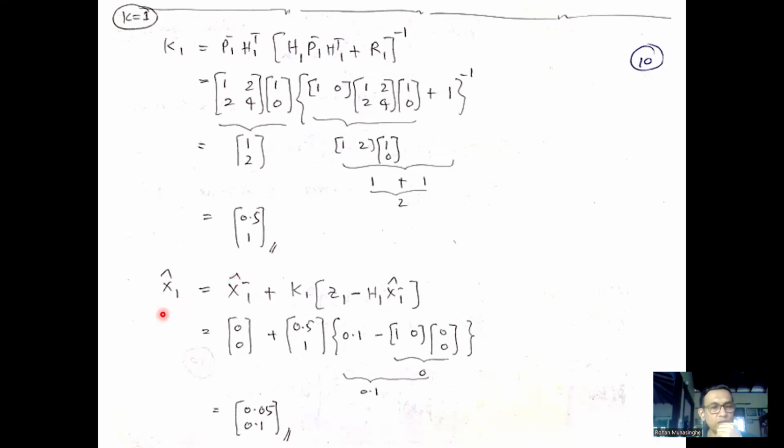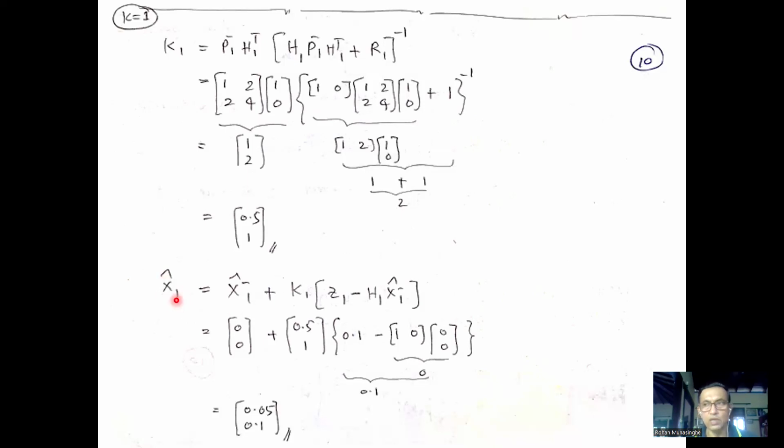Then we move on to the prediction, right? Actually, correction of the state. Earlier, we got the predicted value, which is 0, 0, because we didn't have any other way to estimate it. But now we can actually calculate x1 hat.